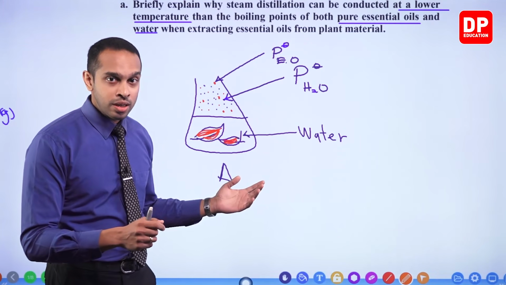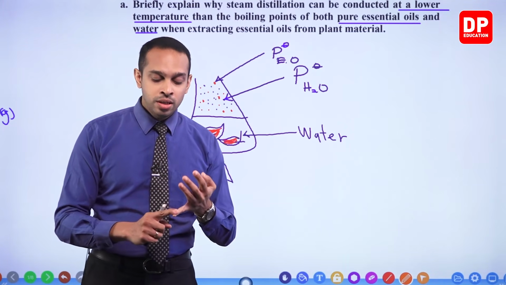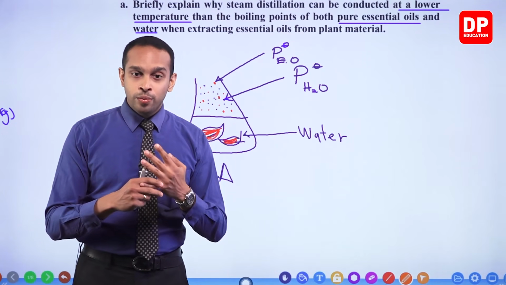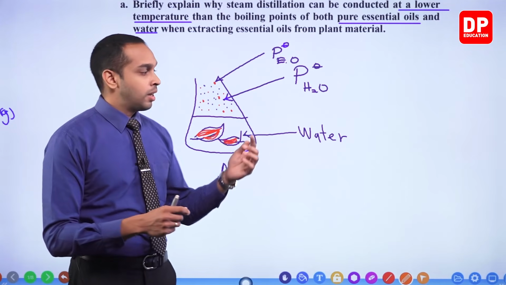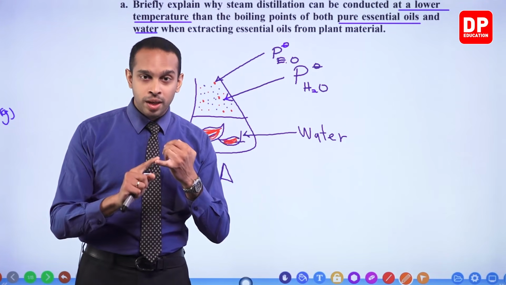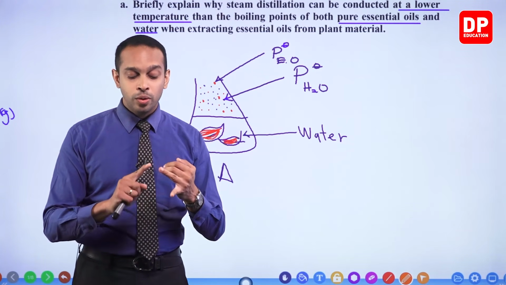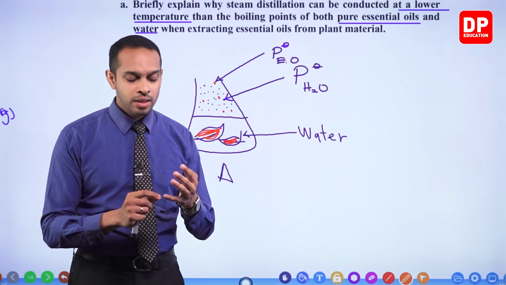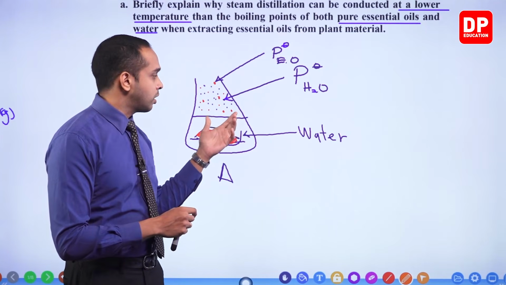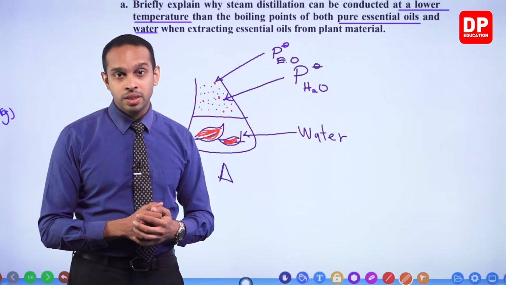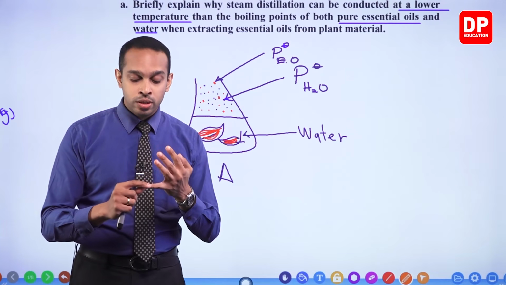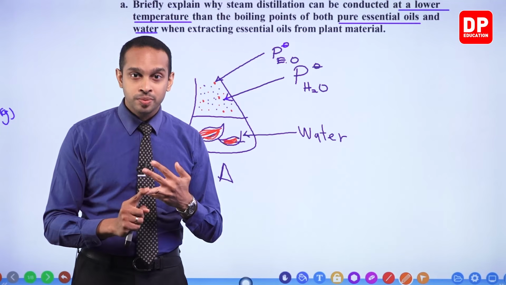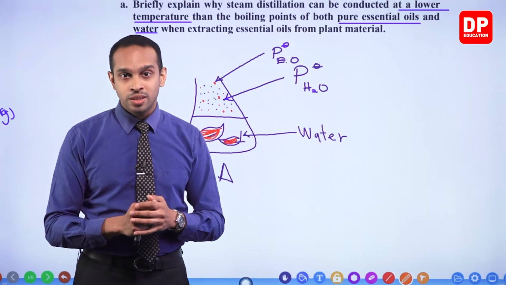But when it comes to our distillation process, we have water as well as a plant material containing an essential oil. So when we are heating this mixture, in the vapor region, you not only have vapor pressure of water, but also the essential oil's vapor pressure will be there. So you have to write that the vapor region, or region above the aqueous medium, will contain both H2O vapor as well as essential oil vapor, and they are going to saturate this region.